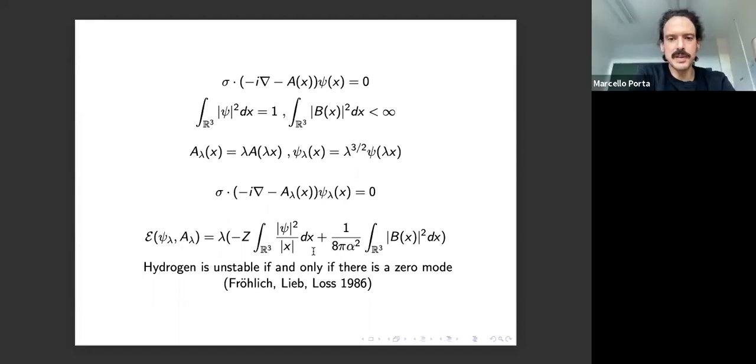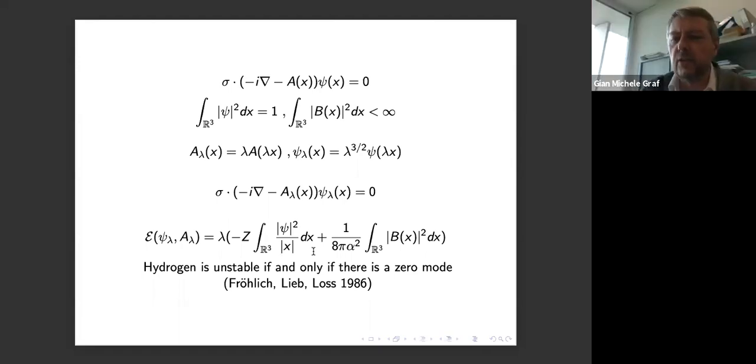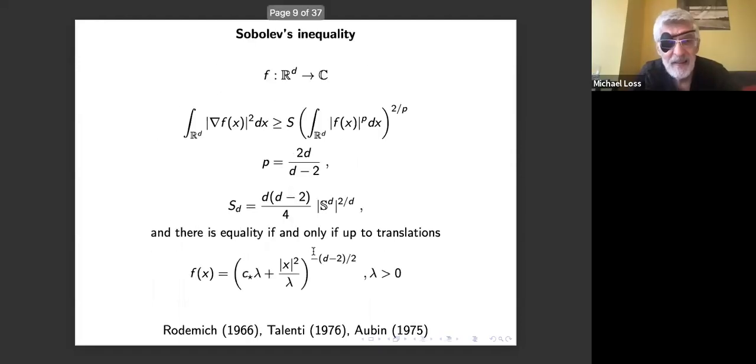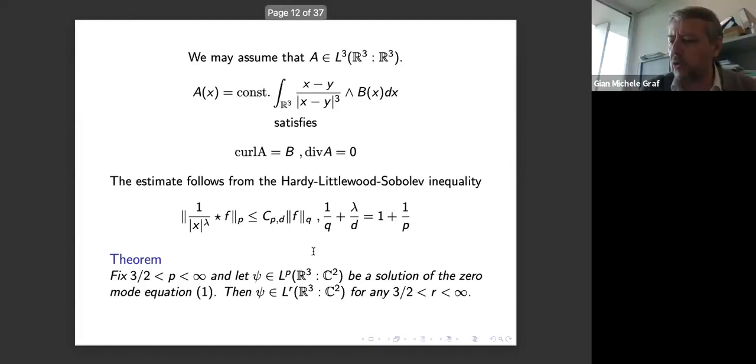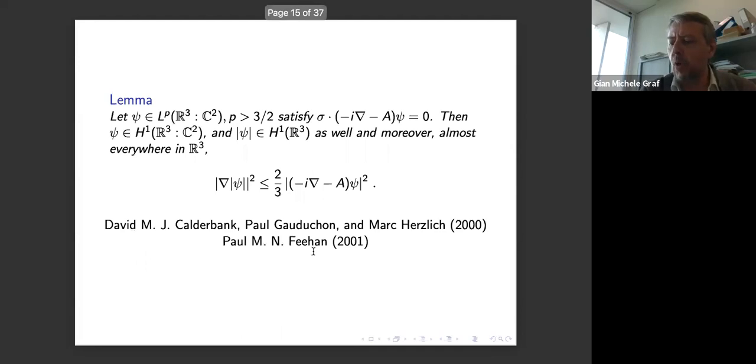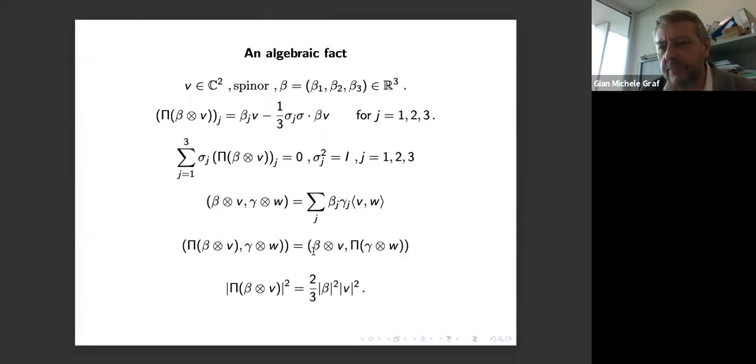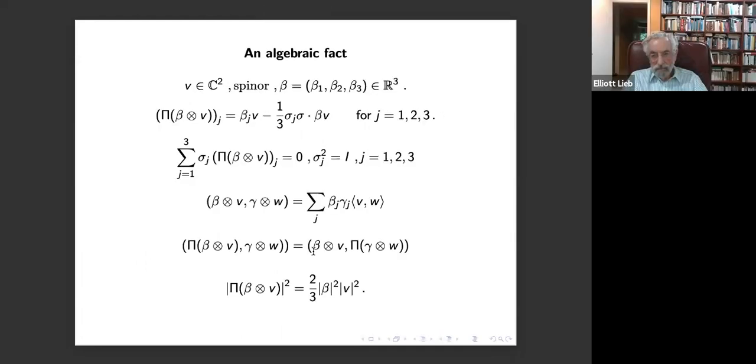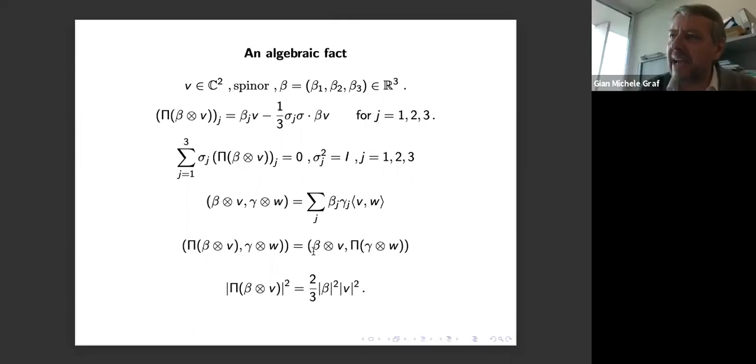Other questions or comments? Yes, Gianmichele? You introduced this projection Pi, and it acts on a tensor product space of a spin 1/2 and a spin 1. It appears to be invariant under rotations, so it should project onto one of the irreducible representations which come out. So 1/2 and 1 gives 1/2 and 3/2.